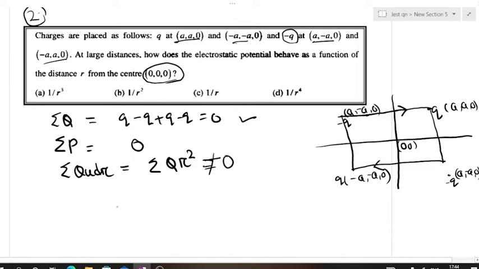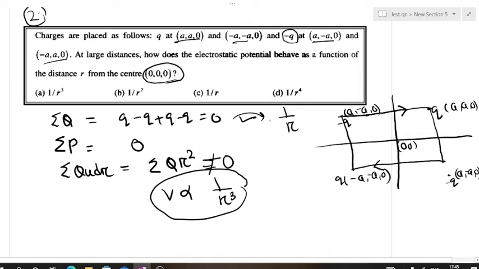So our potential will be proportional to 1 by r cube. If the monopole vanishes, the potential will be proportional to 1 by r square. If the dipole vanishes, the potential is proportional to 1 by r cube.